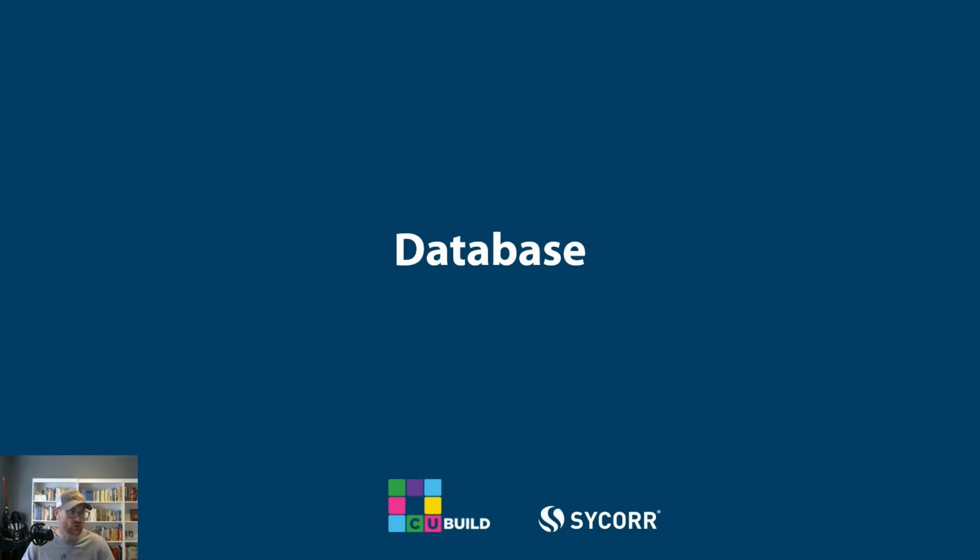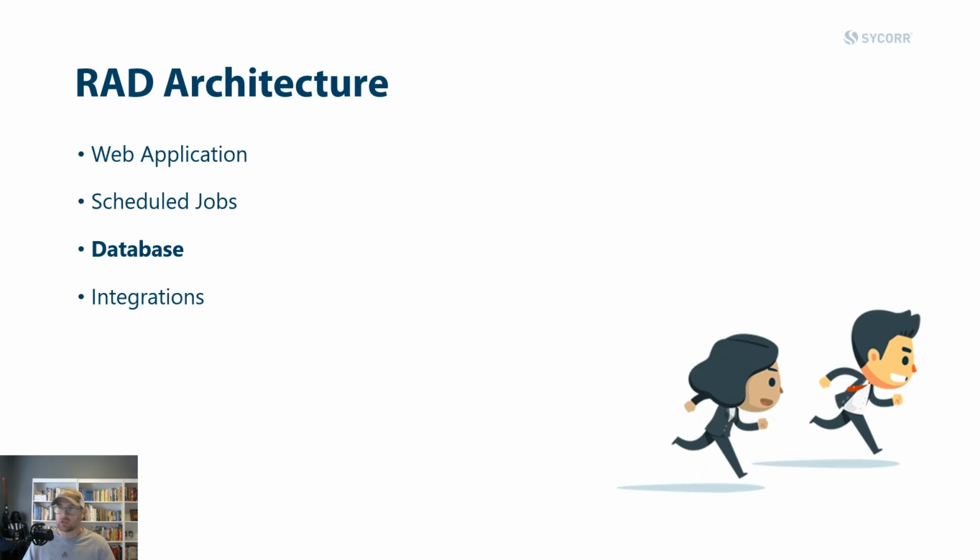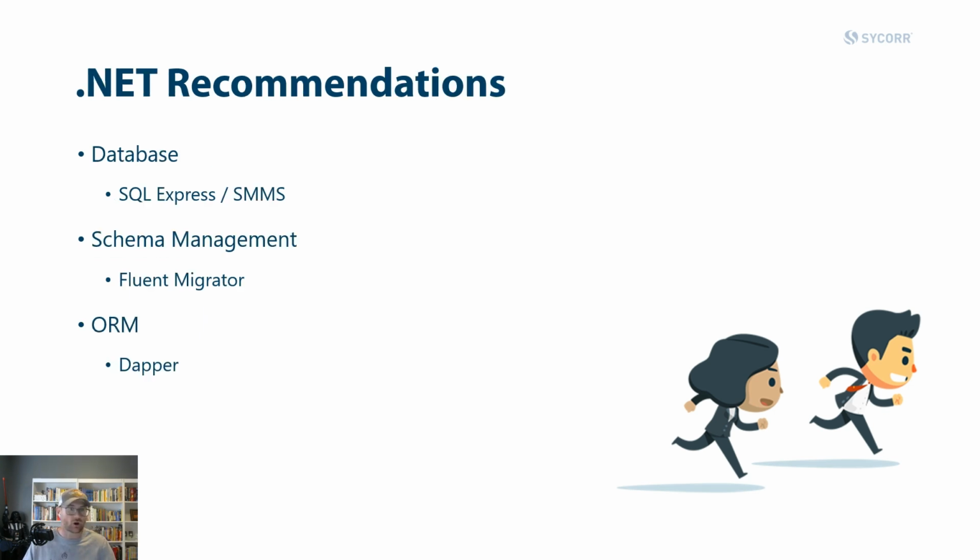So, as we know, this is part of our rapid application architecture for hackathons, and there are really three pillars that we need to worry about. We need to understand what kind of database or product we're going to use, and how we're going to manage the schema.